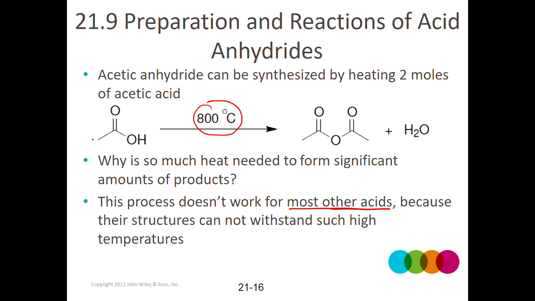If I just have a methyl group here, this works okay, I get a decent yield, but if there's a more complicated R group with more carbons and hydrogens and other atoms potentially, this temperature is going to start decomposing it. And so it's obviously not going to give me the product I want. So we're not really going to focus on that reaction.